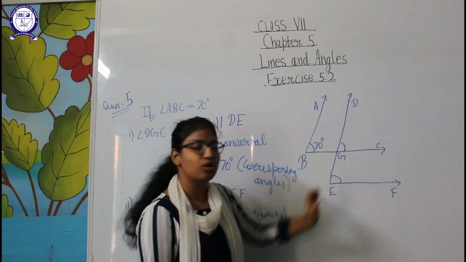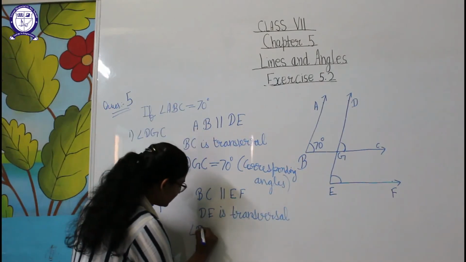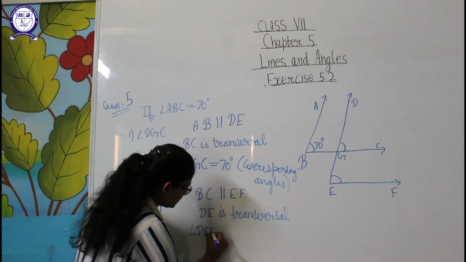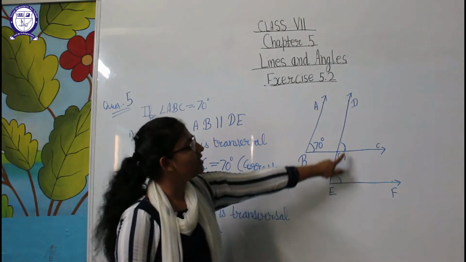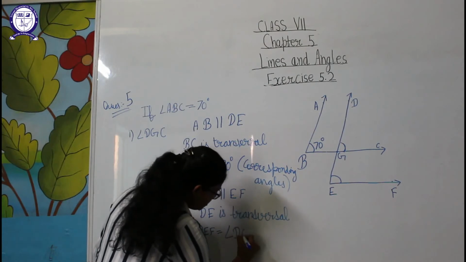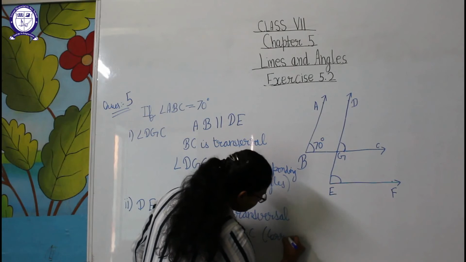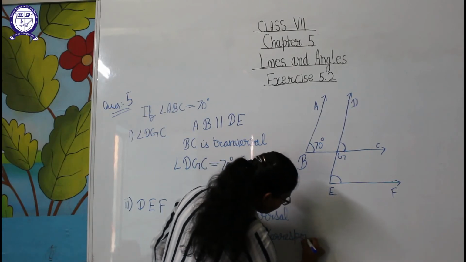It means they are corresponding angles. So we will write that angle DEF is equals to angle DGC. Why? What's the reason for this? Because they are corresponding angles.